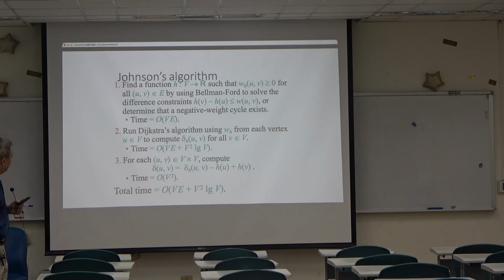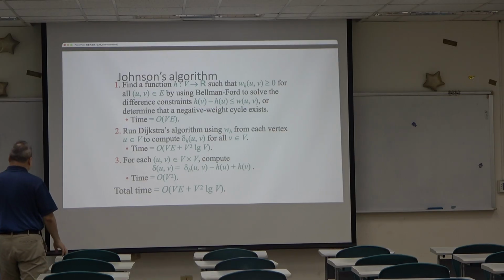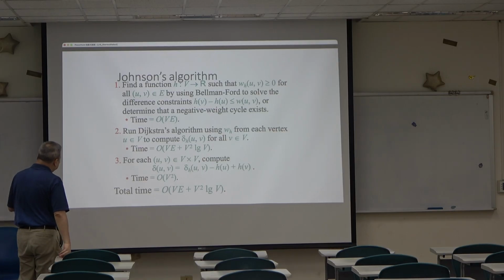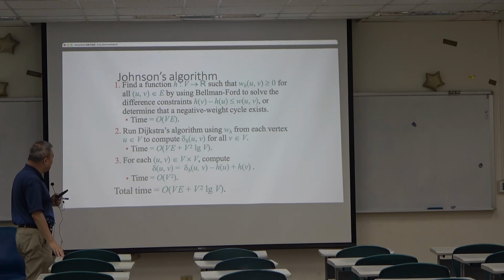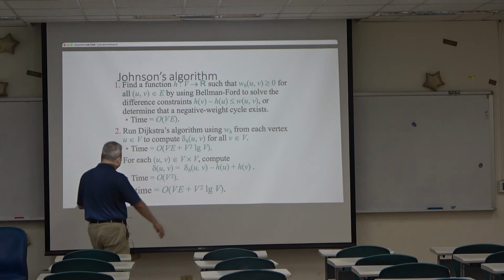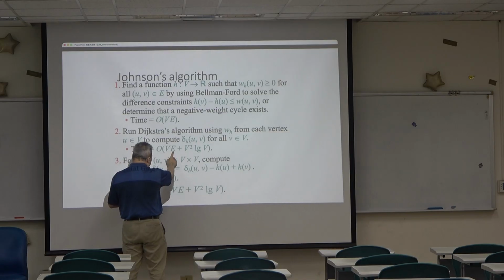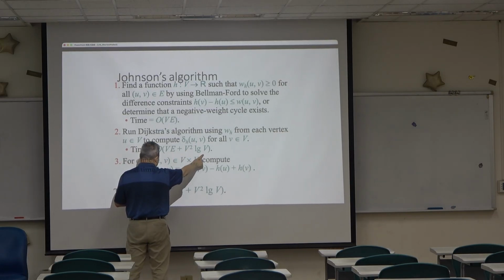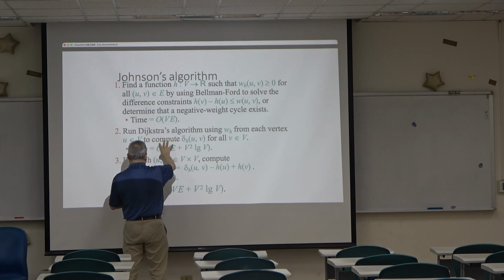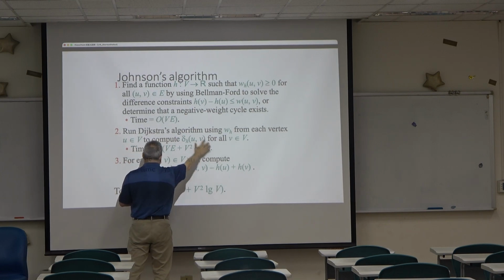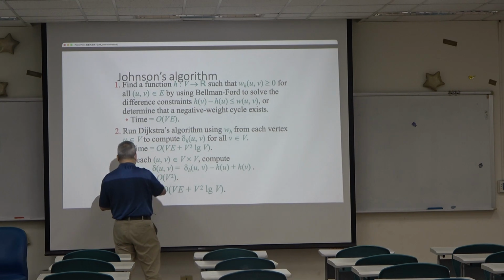Dijkstra's time complexity is big O of E plus V log V, so calling it V times gives VE plus V squared log V.